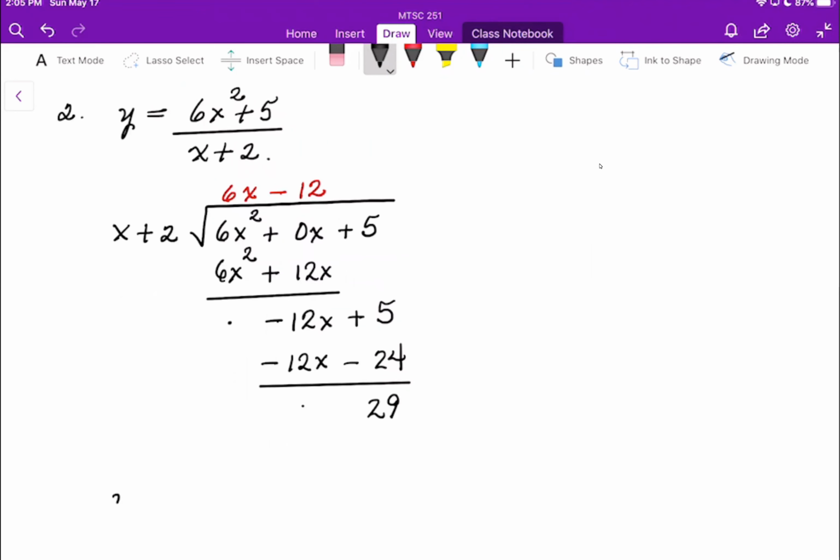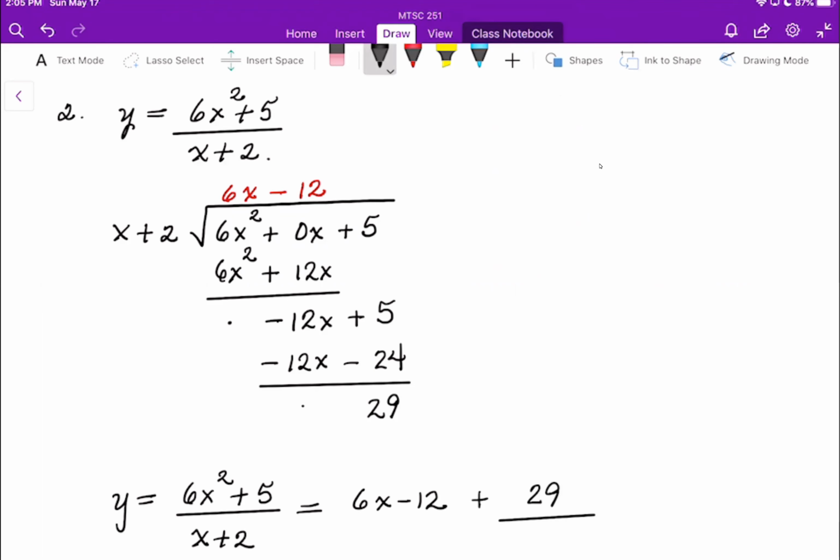So now we can see that y equal to 6x squared plus 5 divided by x plus 2 looks like 6x minus 12, and we have a remainder plus 29 divided by x plus 2.